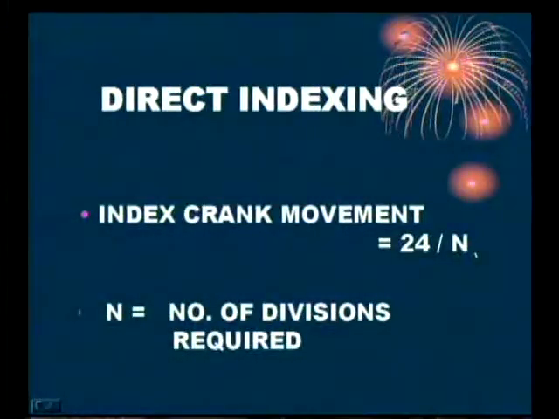So if the job face is to be divided into n divisions, then the crank movement is obtained by the formula 24 by n. Suppose n is 6, 24 by 6 is 4. So each time the crank is moved by 4 holes out of the 24 holes. If you do this 6 times, the job face is indexed for 6 equal divisions. This is the direct indexing method.